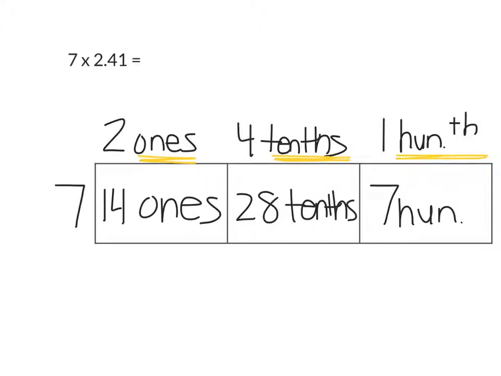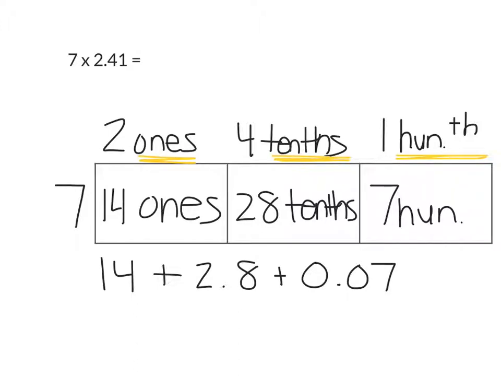Now I know in standard form, 14 ones is just written as 14. And I know that 28 tenths in standard form can be written as 2 and 8 tenths. And lastly, I know in standard form that 7 hundredths is written as 0.07.